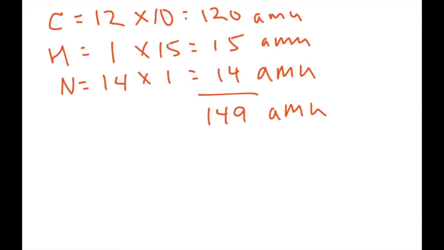Your percent composition is going to be a unitless number, because what you're always going to be dividing is two numbers that share units. So those units are always going to cancel out.